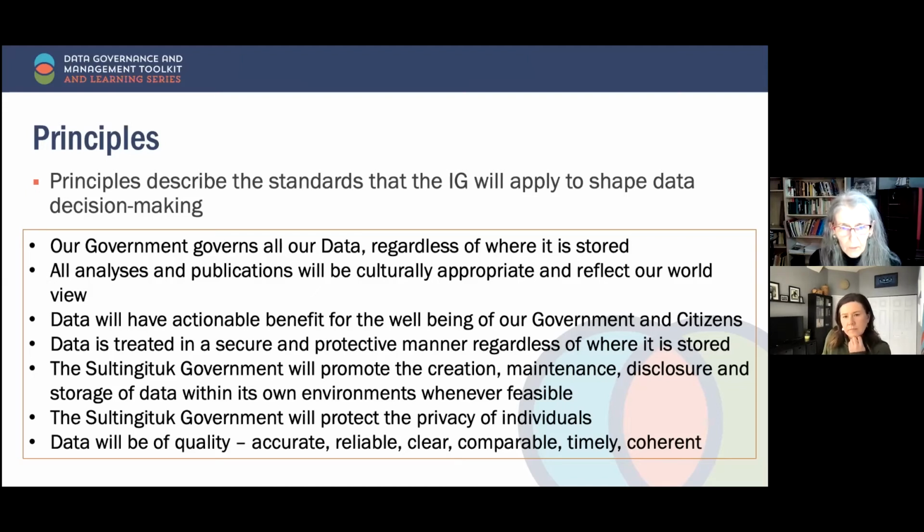It will be reliable, meaning that you can measure it more than once and get the same results. It is clearly understood. It's comparable, of whatever your comparison is that you think is relevant for your government. It's timely and it's consistent. And consistent really talks to the fact that you don't want to perhaps change the definition of whatever data it is from one time period to another, so that you can again do trending.